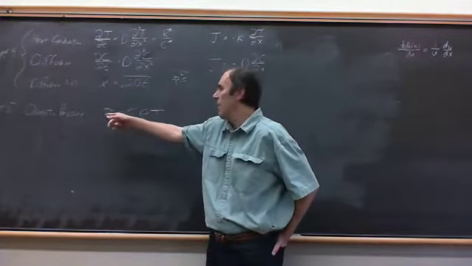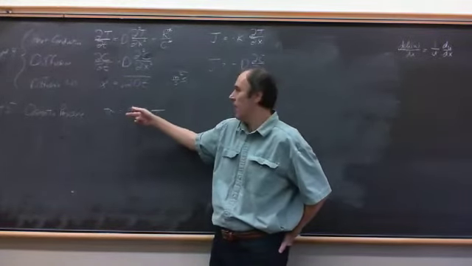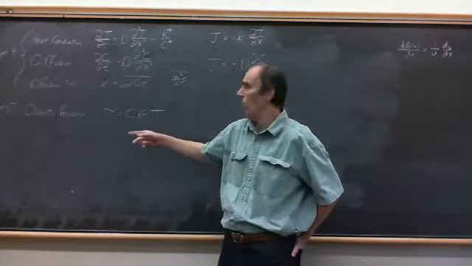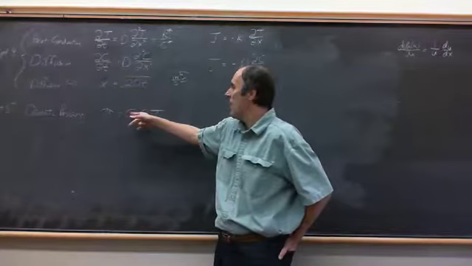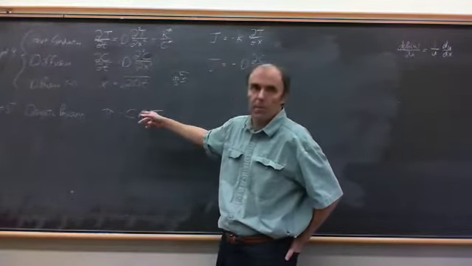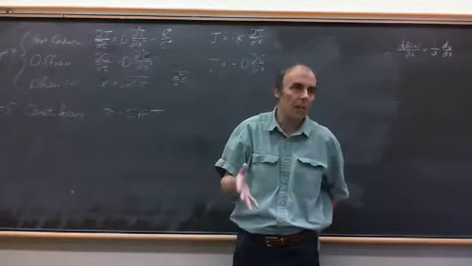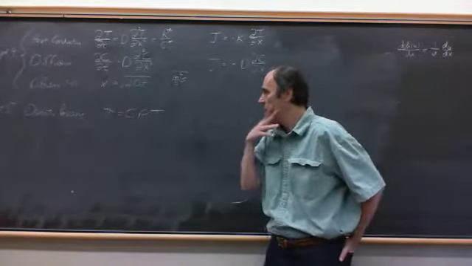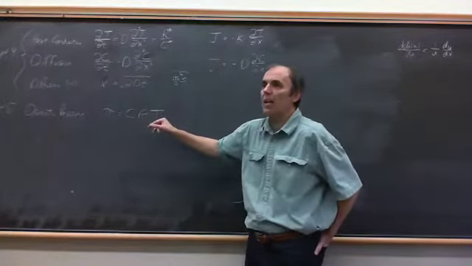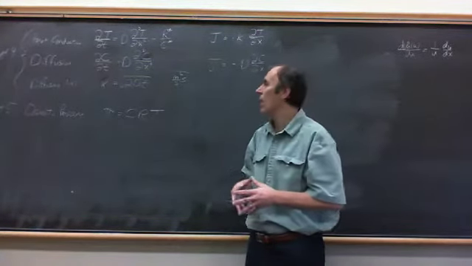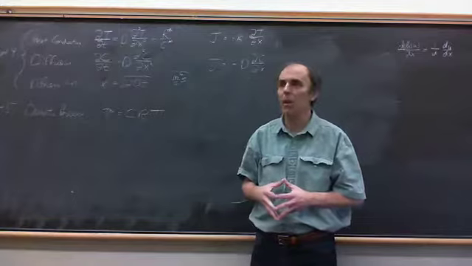PV equals nRT, or PV equals N, the number of molecules, times Boltzmann's constant and T, depending on whether you want to use moles or molecules, and we moved V to the other side to make it a concentration. It's all the same thing. So this allows you to calculate osmotic pressure. You should remember what osmotic pressure was. It's the only equation from chapter 5 you really have to memorize.